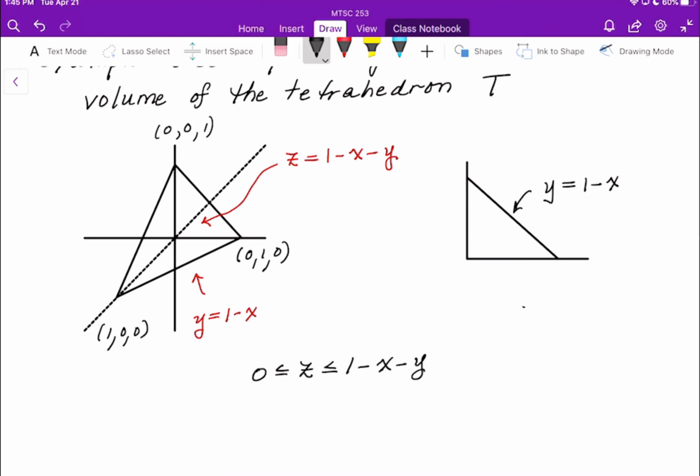And then we can say that if we fix an x, it goes from there to there. So we can say that y goes from 0 to 1 minus x, and then x, well, this line starts all the way over here at 0 and it moves all the way to 1. So we can say x goes between 0 and 1.